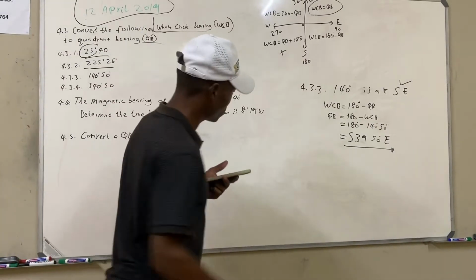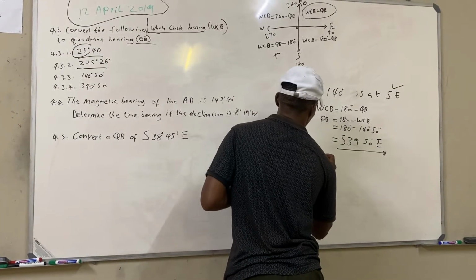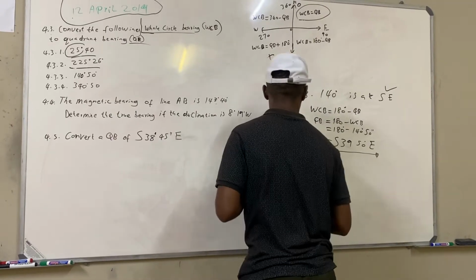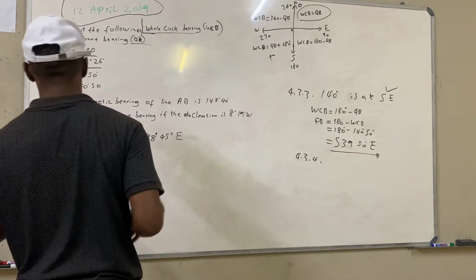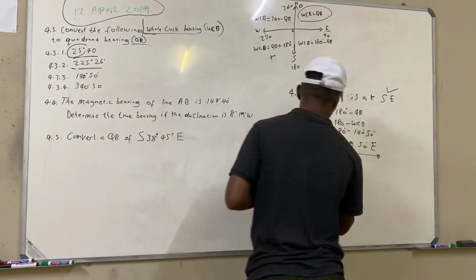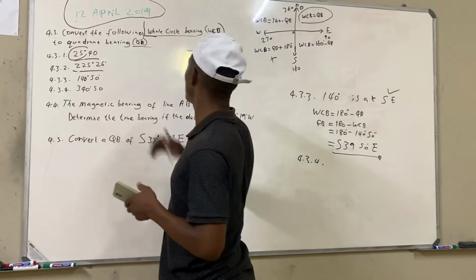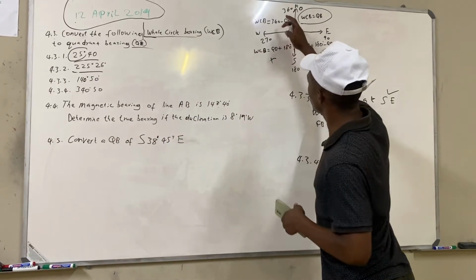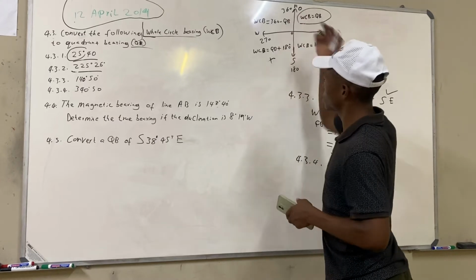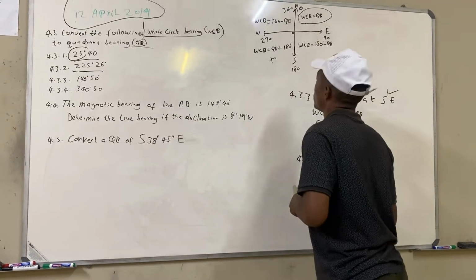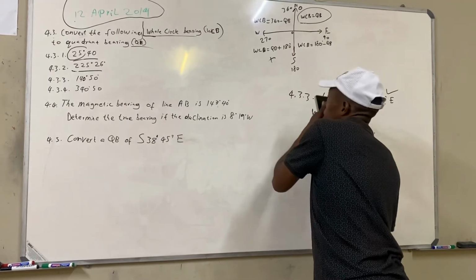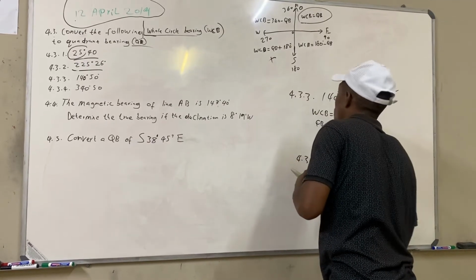4.3.4. Very simple again. So we have to check which range 340 falls under. It falls between 270 and 360, so it is the fourth quadrant.